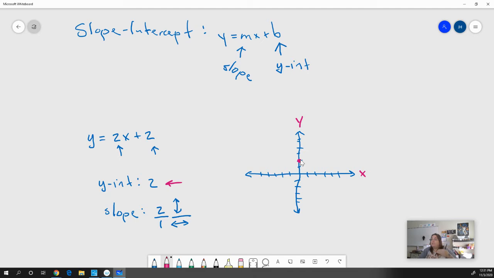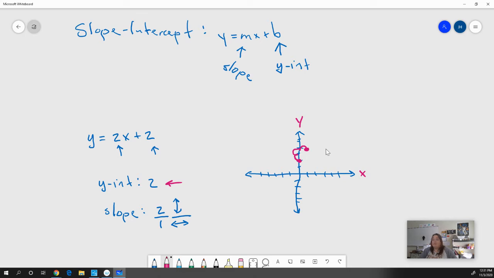Now my next point's going to be determined by my slope. My slope is positive, so everything's going in the positive direction, or I could take everything in the negative direction, because if I do -2 and -1, it makes a positive, right? 2 negatives make a positive. But let's go up 2, 1, 2, and then over 1.